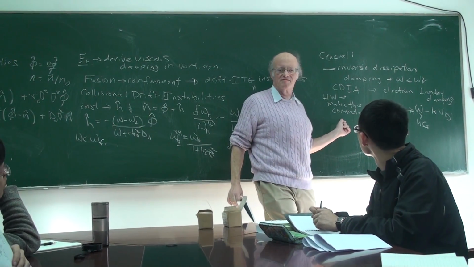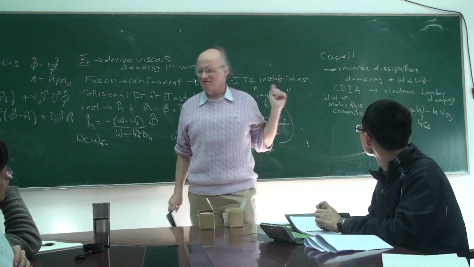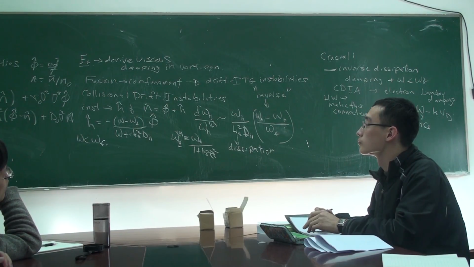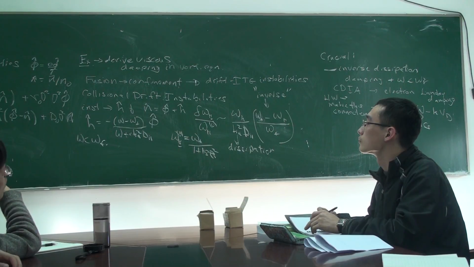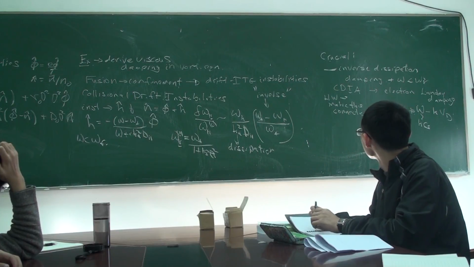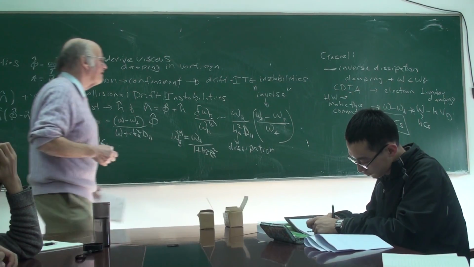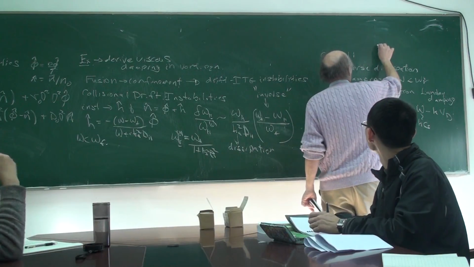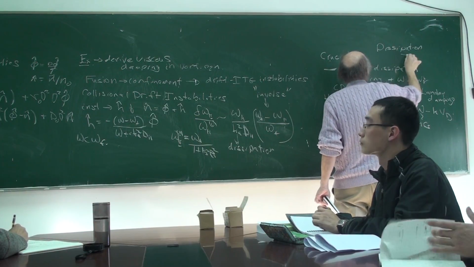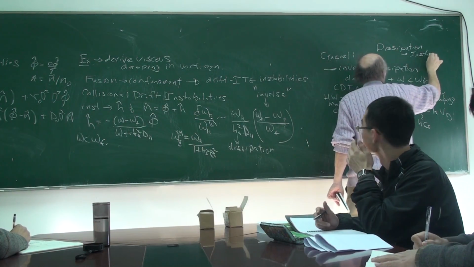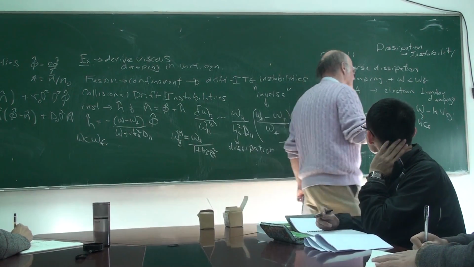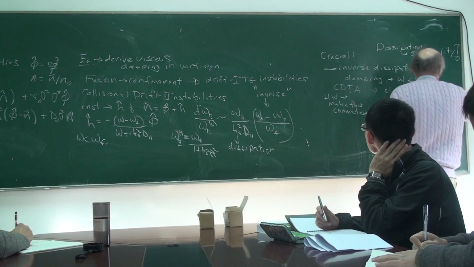If you were a skeptic, this should bother you. I think it was bothering you last time. A natural question that a student should ask is how does dissipation somehow get turned into instability? And of course, this is the key point here. That is a very fair question that you should ask.